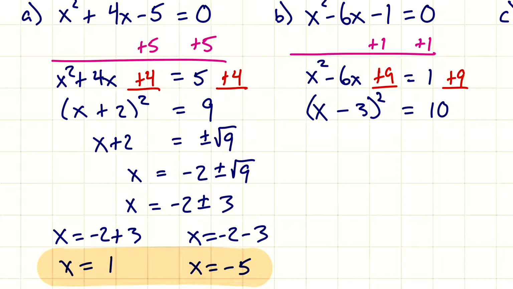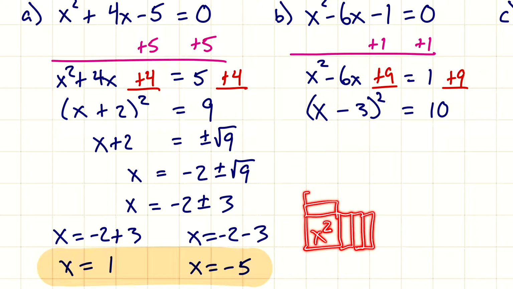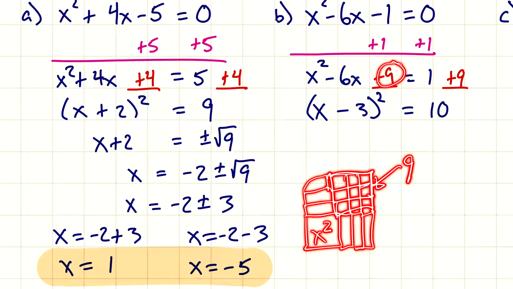If we had actual algebra tiles, I would have 1, 2, 3, 4, 5, 6, and then inside I would have a total of 9 missing squares. So it's this 9, here's your 9. That's where the 9 came from. But here it's a minus 3 and a minus 3.